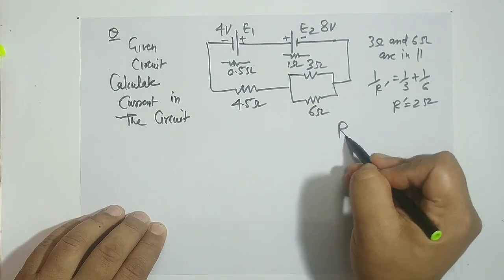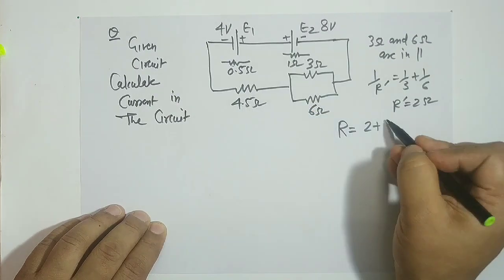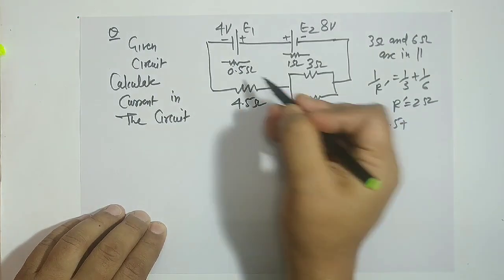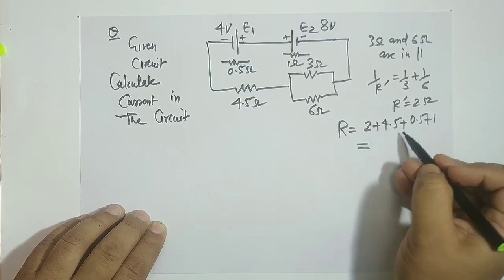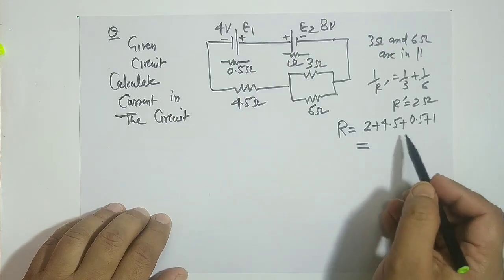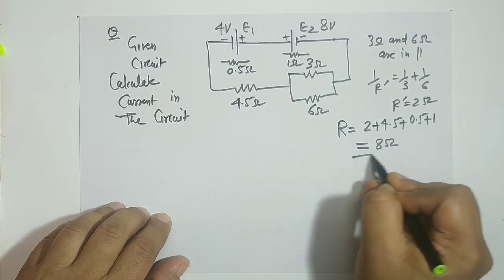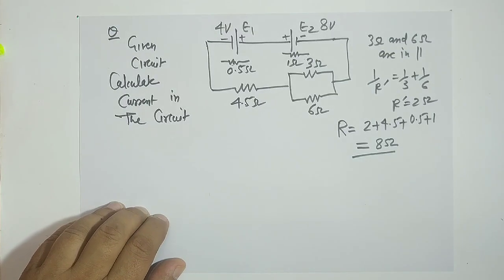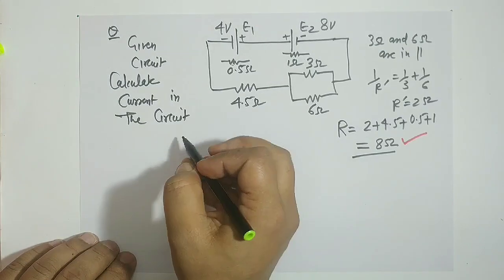So net resistance will be 2 ohm plus 4.5 plus 0.5 plus 1. All are in series. If you calculate it, 2 plus 4.5 is 6.5, and then 7, then 8 ohm. So net resistance you are getting here is 8 ohm. And then what is the current?